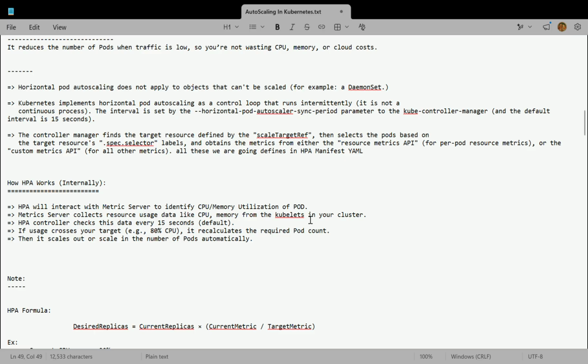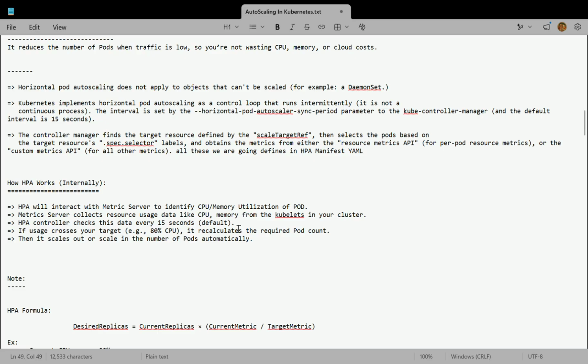The kubelet on the worker nodes of the cluster has all the information on CPU and memory utilization of each pod, which is collected by the metrics server. Based on the metrics server utilization, the pod count will be increased or decreased. And the HPA controller checks this data every 15 seconds, which is the default value.